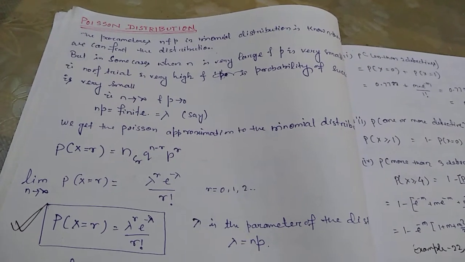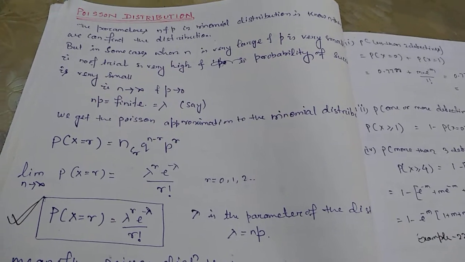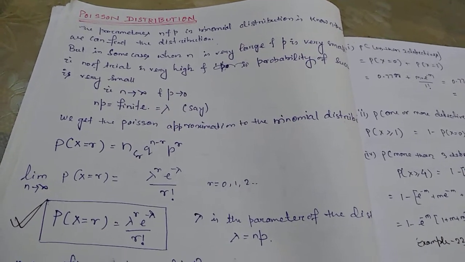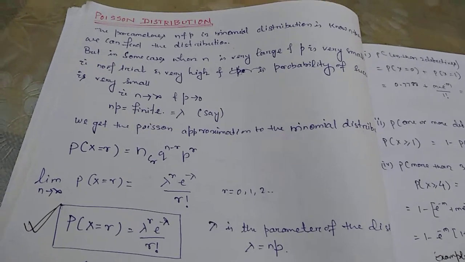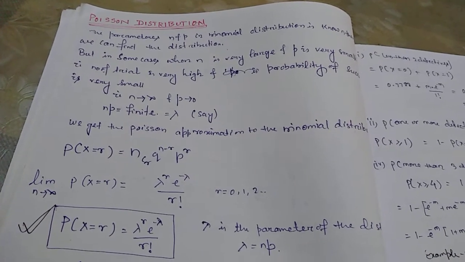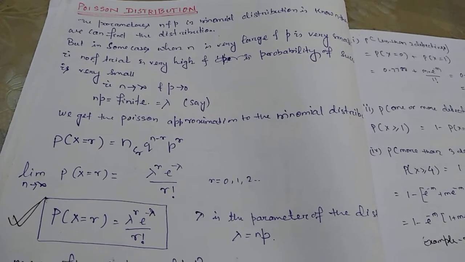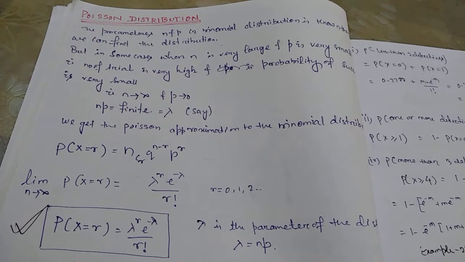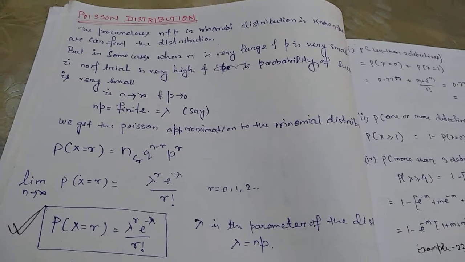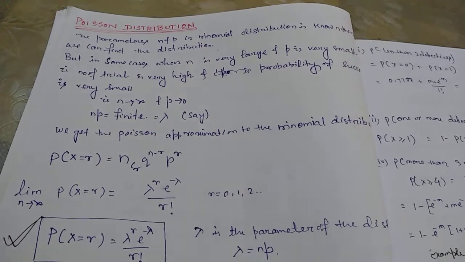In this case, the number of trials and the probability of success are varying in this way. It is also the same as binomial distribution, but in this case the probability of success is very small as compared to the number of trials, that is n is very large, and as compared to this p is very small, that is your n tends to infinity and p tends to 0.